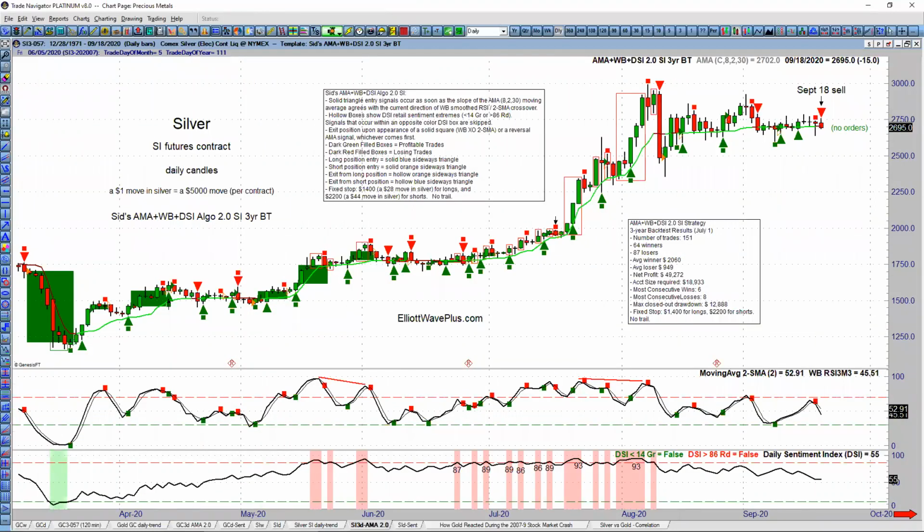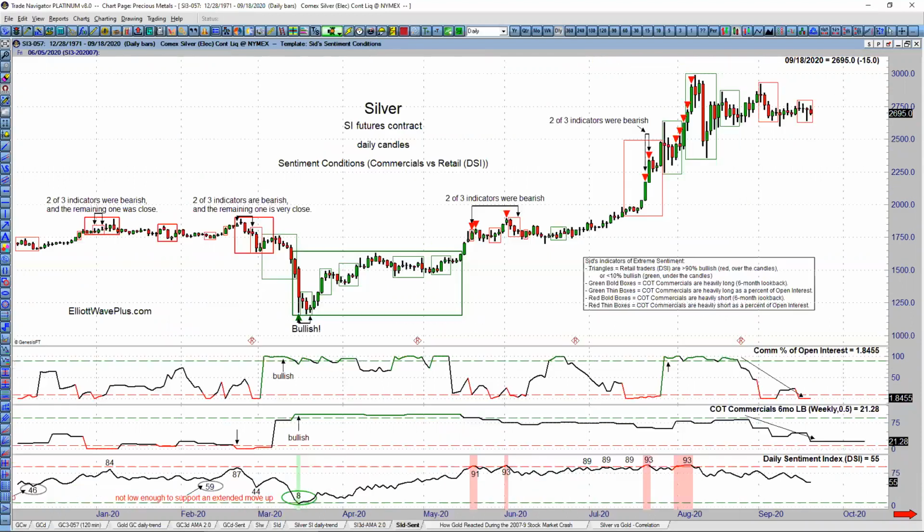The momentum algo gave a sell signal on Friday on silver. This could be the beginning of the move. If it is, then we're likely going to see that move up in the dollar. Look at the sentiment on silver. Commercials as a percent of open interest are heavily short.